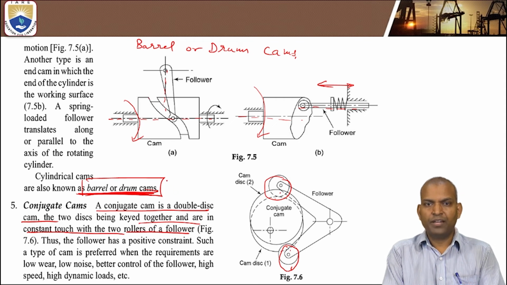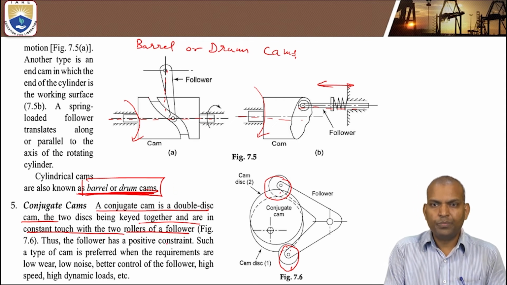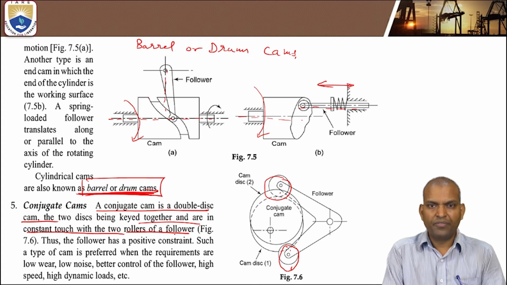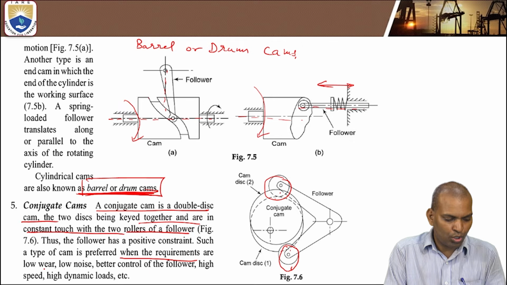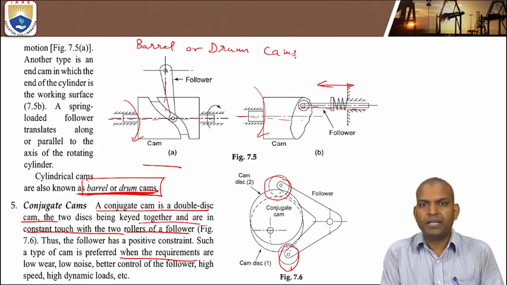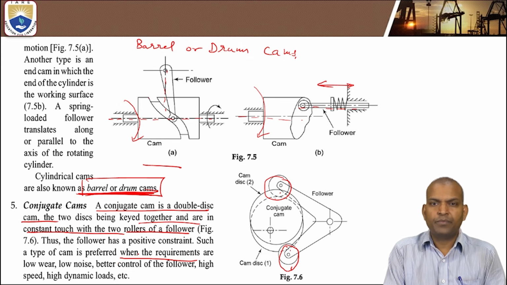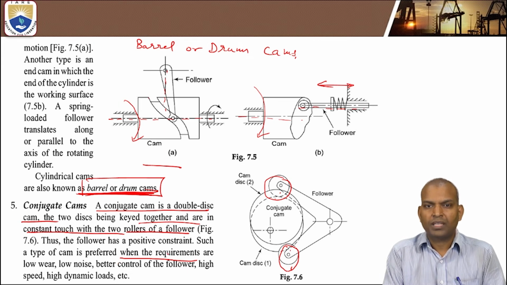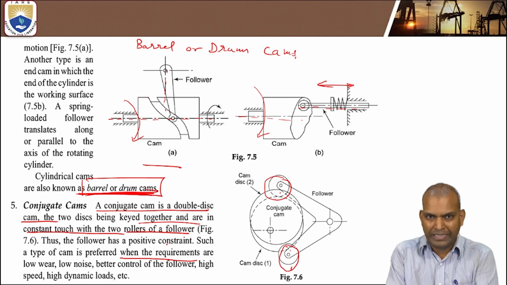Very important is where such cams are preferred. This type of cam is preferred when the requirements are low noise, better control of the follower, and transmission of high dynamic loads.